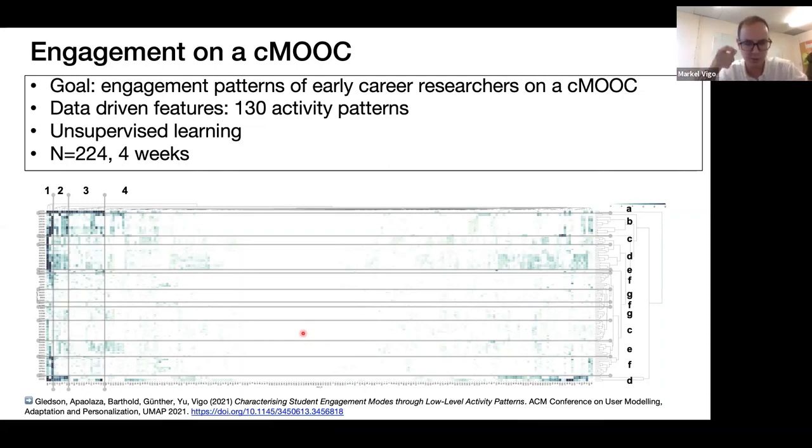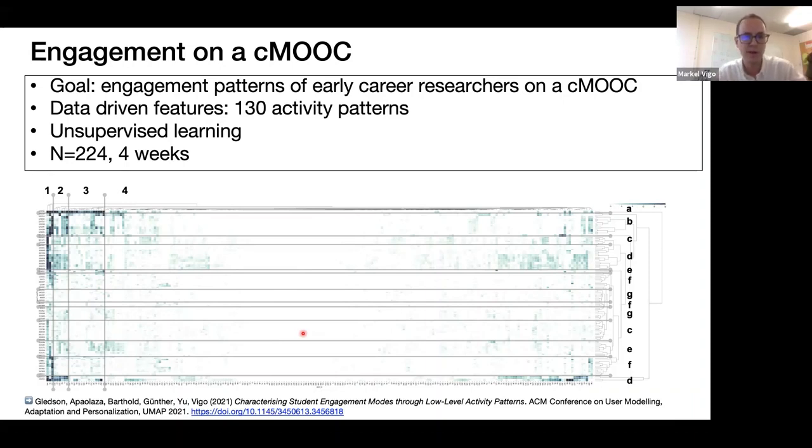In addition to modeling user behavior, we wanted to see what was the added value of low-level events compared to high-level ones, like clickstream data.